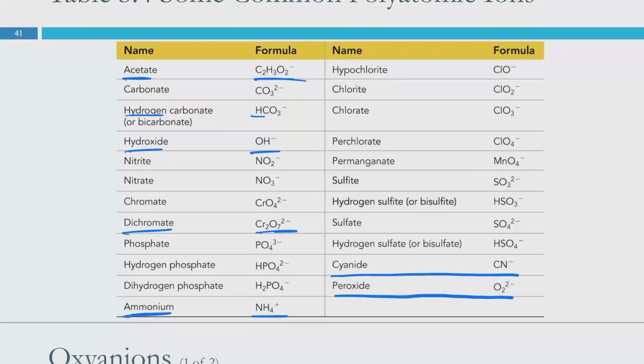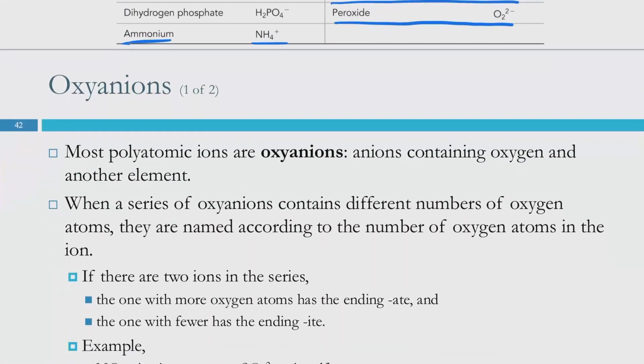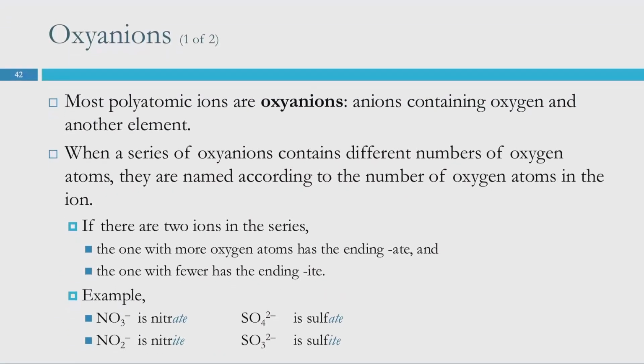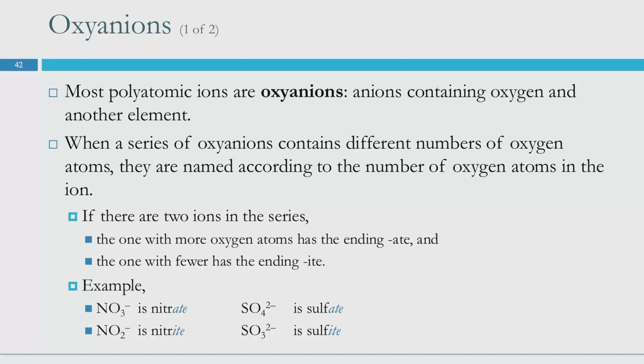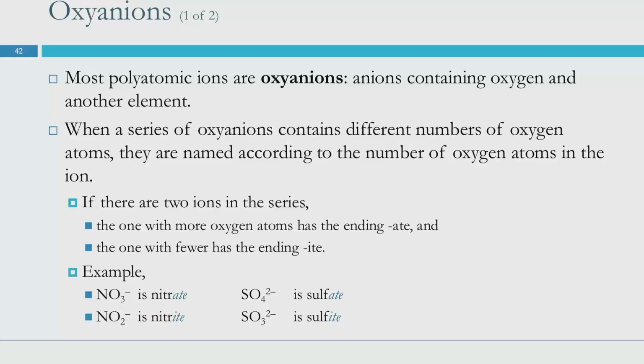Okay, into our slippery web of oxyanions. So oxyanions, similar to our metals that can have different charges, we've got a little bit of a system here, but there's also some memorization involved. Most of our polyatomic ions that we'll see are oxyanions. The oxy part referring to oxygen, and then there's some other thing in there, and they're negatively charged. We usually have a series of oxyanions.